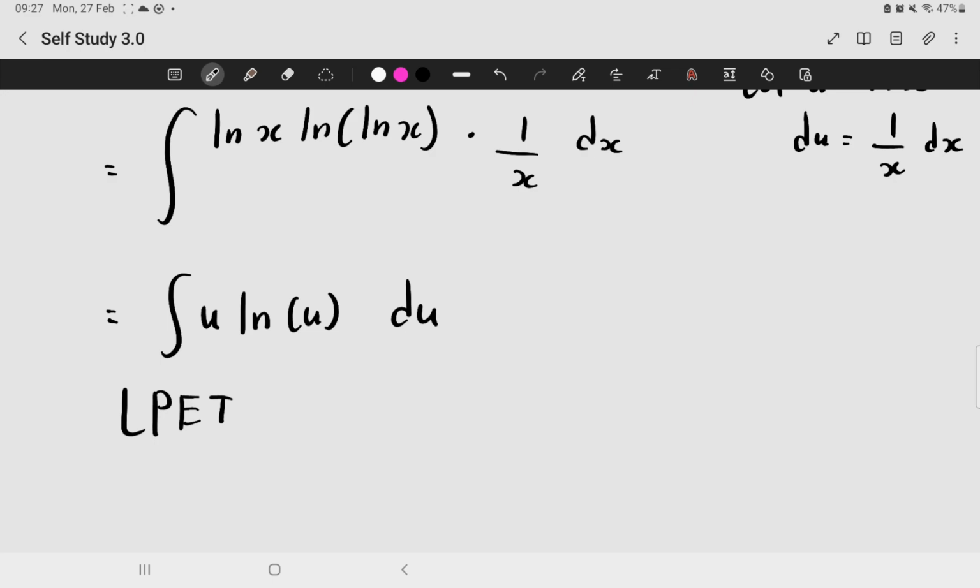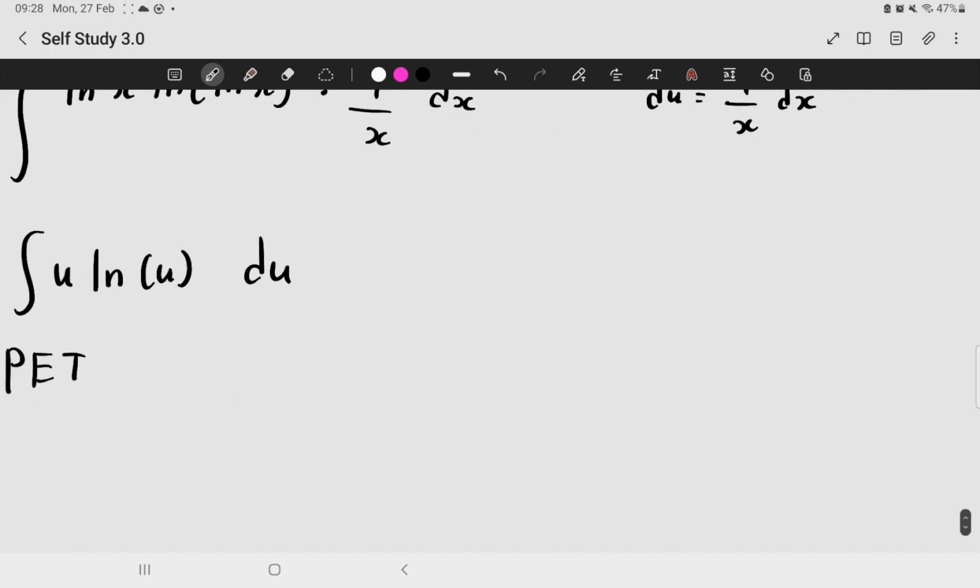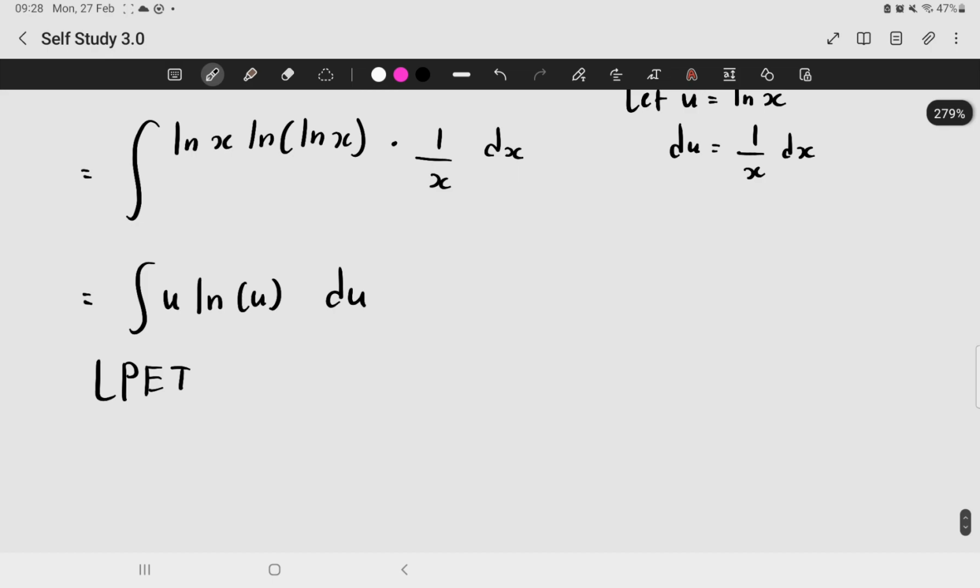So L, logarithm, which is ln, or in other words log base e, will be our u, and our dv will be u because it comes after the logarithm, with u as a polynomial. So basically the general formula for IBP is the integral of u dv is equal to uv minus the integral of v du.